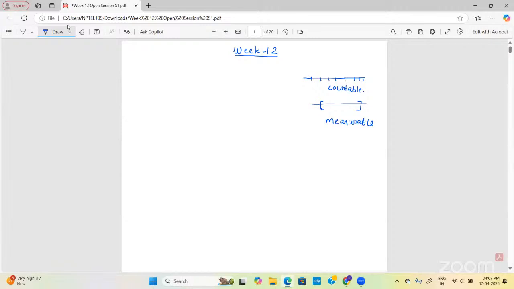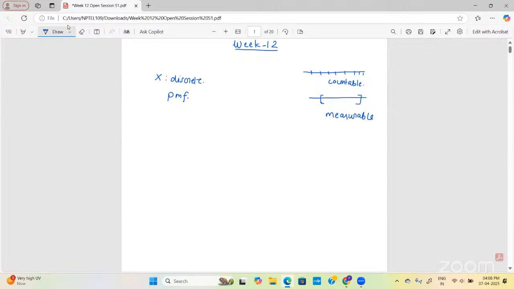First of all, if x is a discrete variable, then you must have studied the PMF. What is the full form of PMF? Probability mass function. And how do we define it?